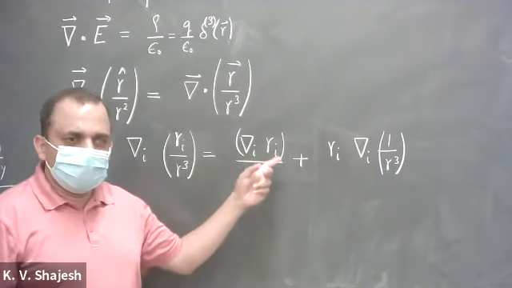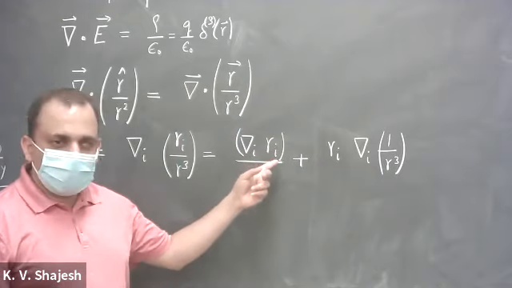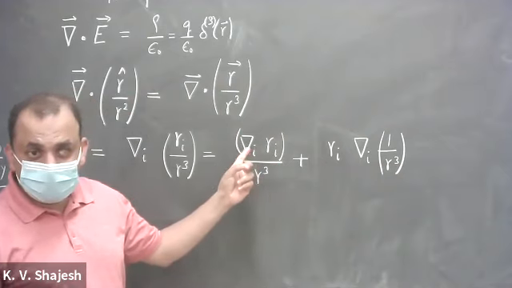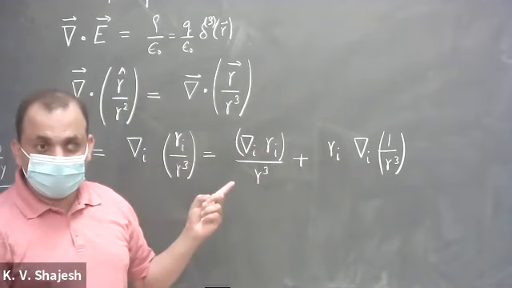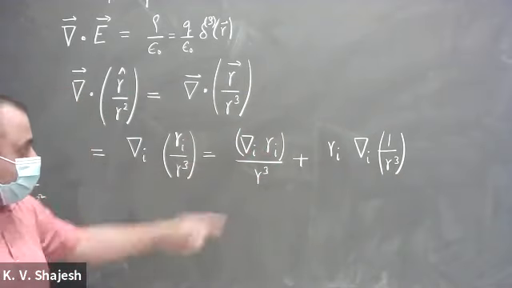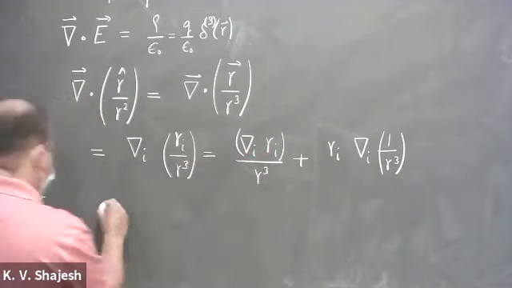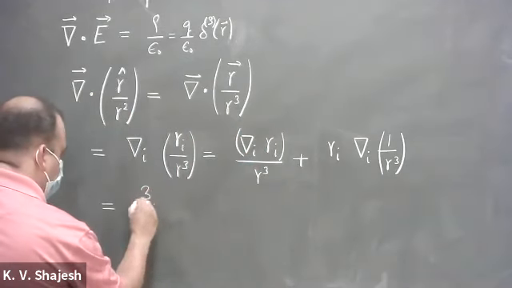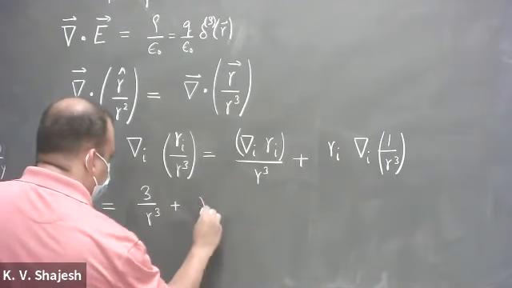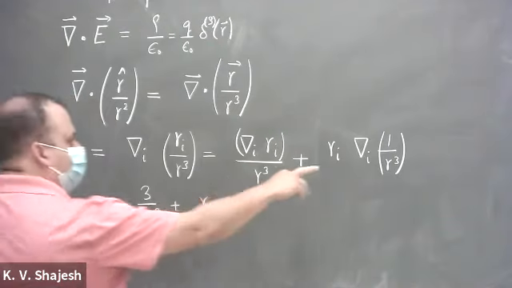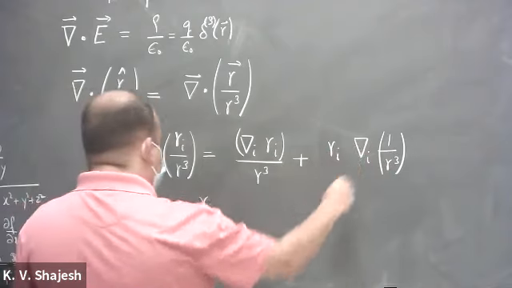What is this? The numerator? Del i Ri. And what is that? 3. Good, right? So this is 3. All right, so very good. So that's 3 over R cubed plus Ri times del i, now again use the chain rule, right?